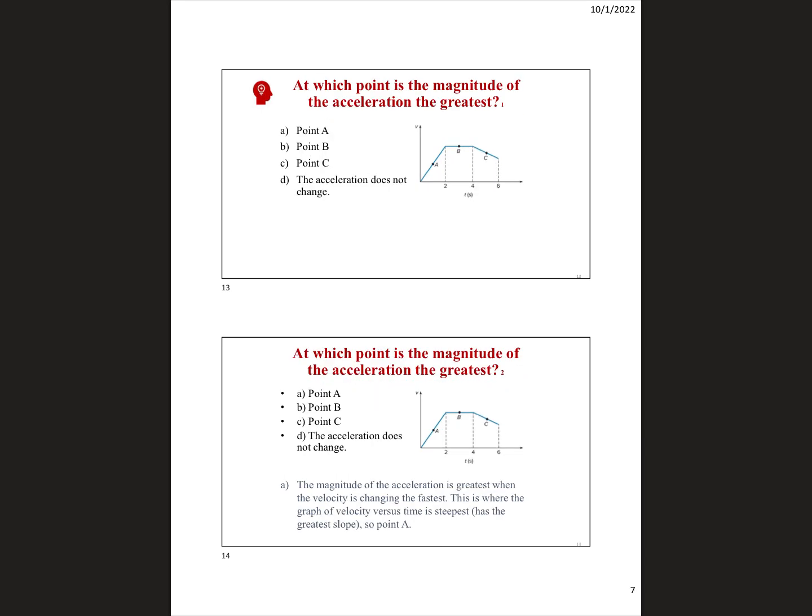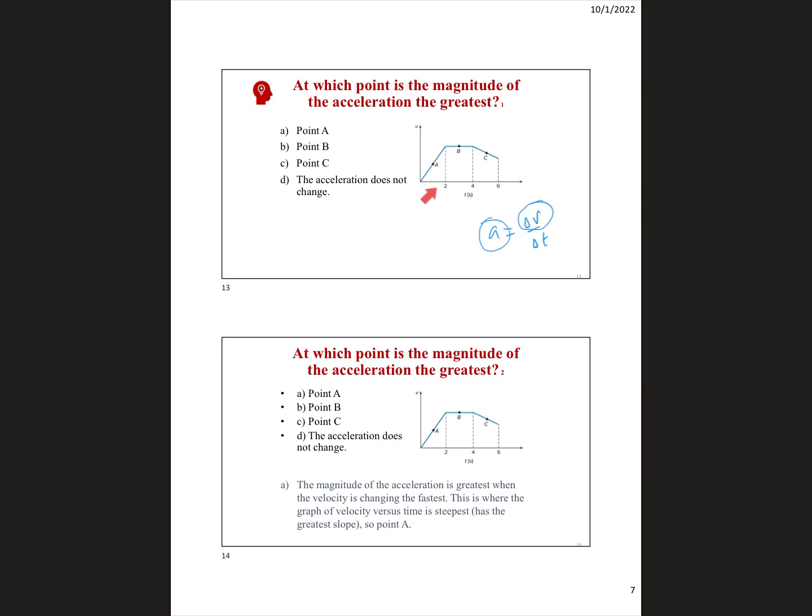In which point is the magnitude of the acceleration greatest? The acceleration is the change in velocity per unit of time. So when the change in the velocity is big, the acceleration is big. You see that the spaces in time are always 2 seconds.